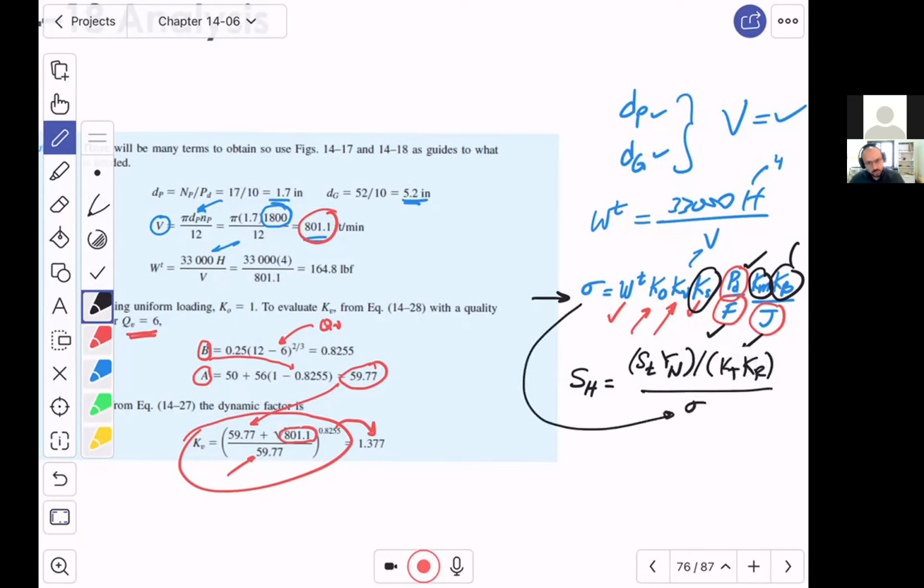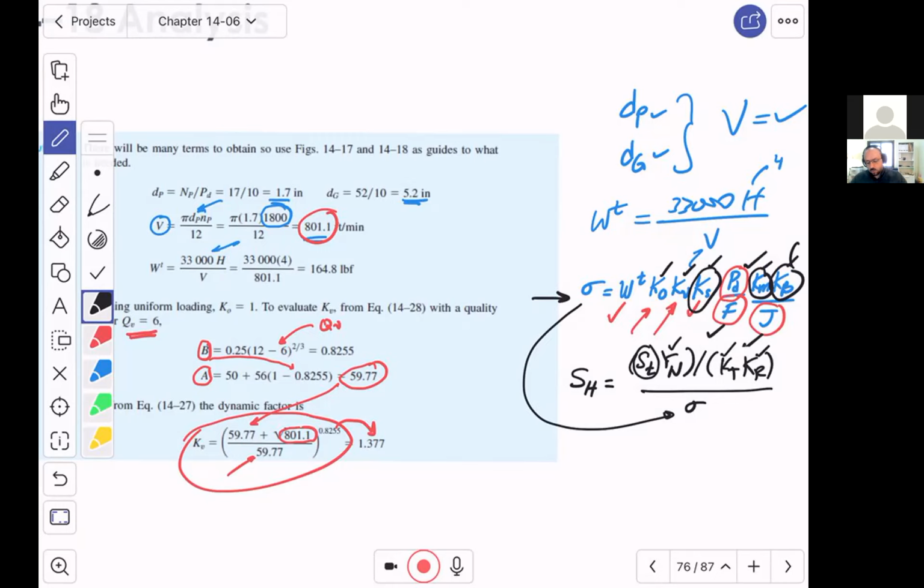So if you want to be ready to solve these two equations for both the bending and the factor of safety, then you don't only need to find KO, KV, KS, KM, and KB. In addition to that, you need to find YN, you need to find KT, and you need to find KR. And finally, you need to find ST, which is the strength. You do the same with the wear.